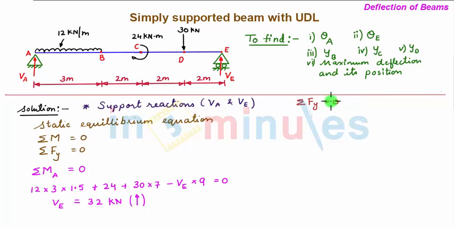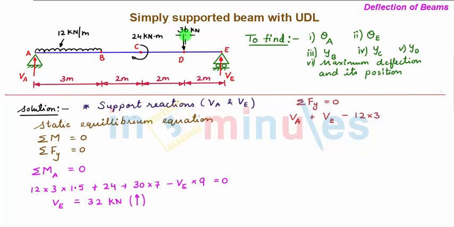Now we'll consider all the vertical forces. Our sign convention is upward force is positive and downward force is negative. So the first upward force is VA, the second upward force is VE, then minus this downward force due to the UDL whose magnitude is 12 multiplied by 3.